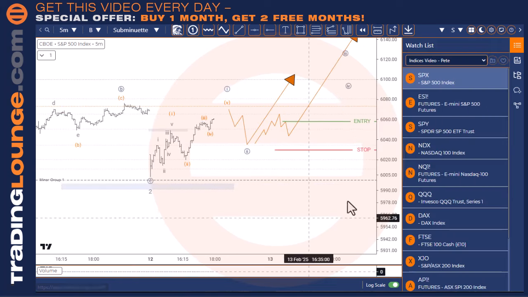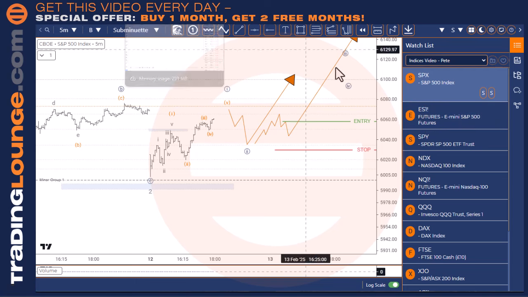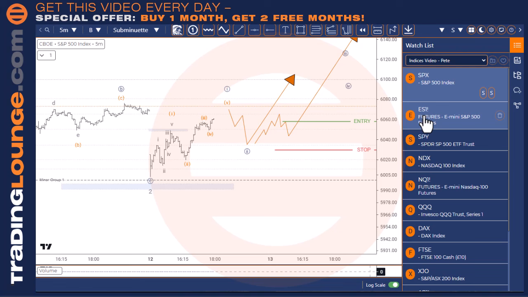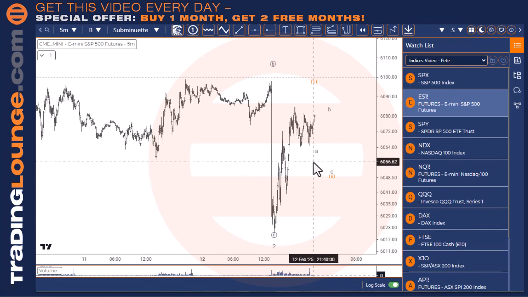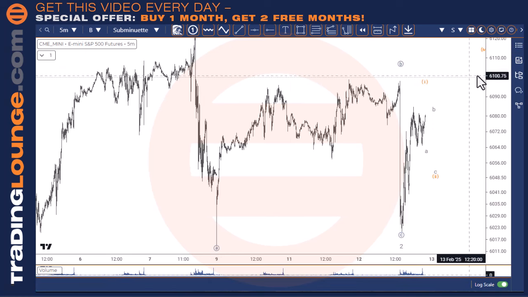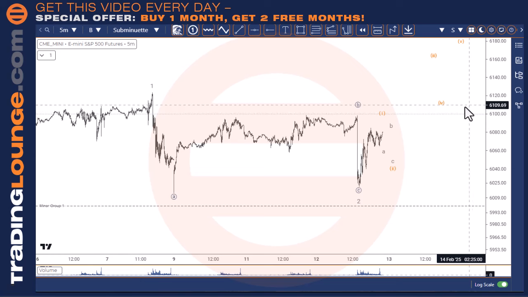Now that said, I've got the futures here now because I was using the TradingView thing before, but I'll start using this one now. But we talked about this. So the futures market is a little bit closer to the 6,100 up here, which is a little bit important.